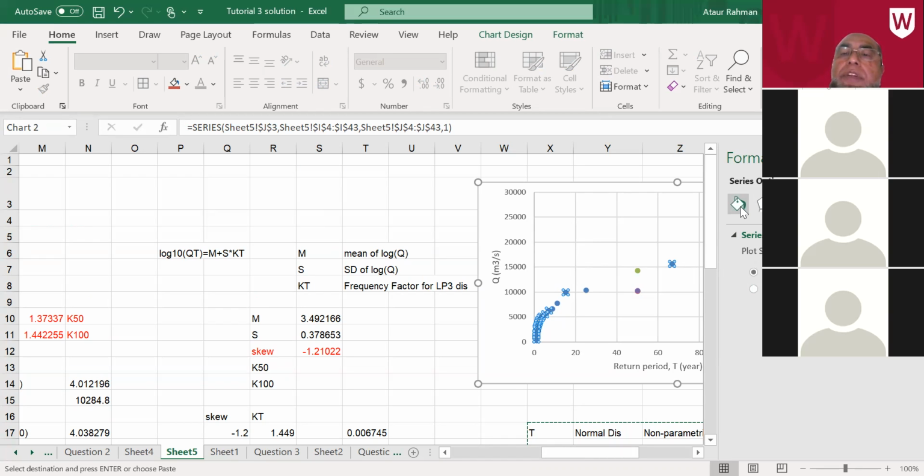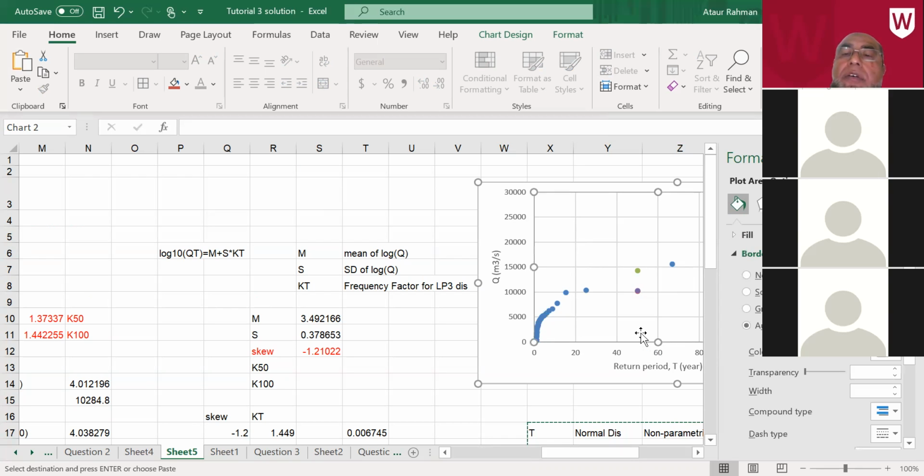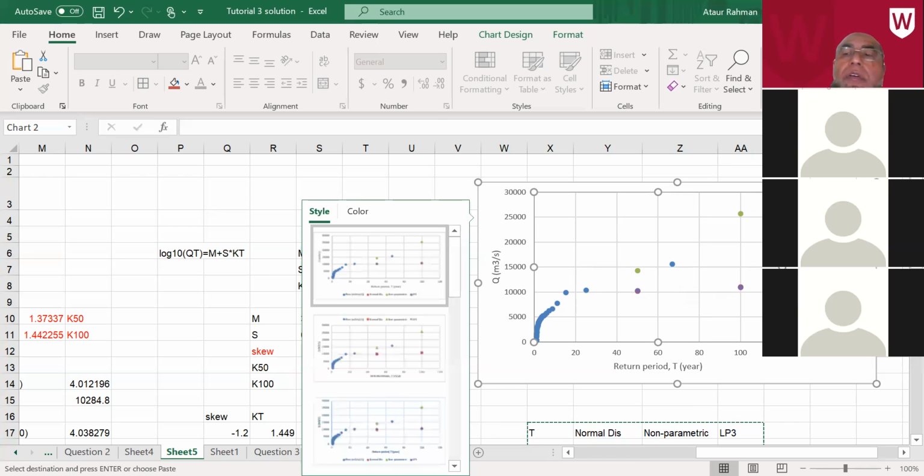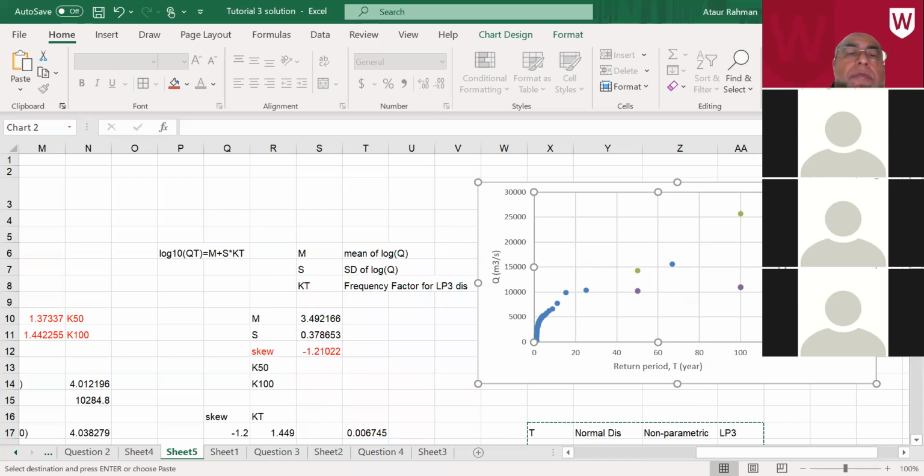I think that might be this one here, right? Fill and line, this one is effects. No line, gradient line. This one here.